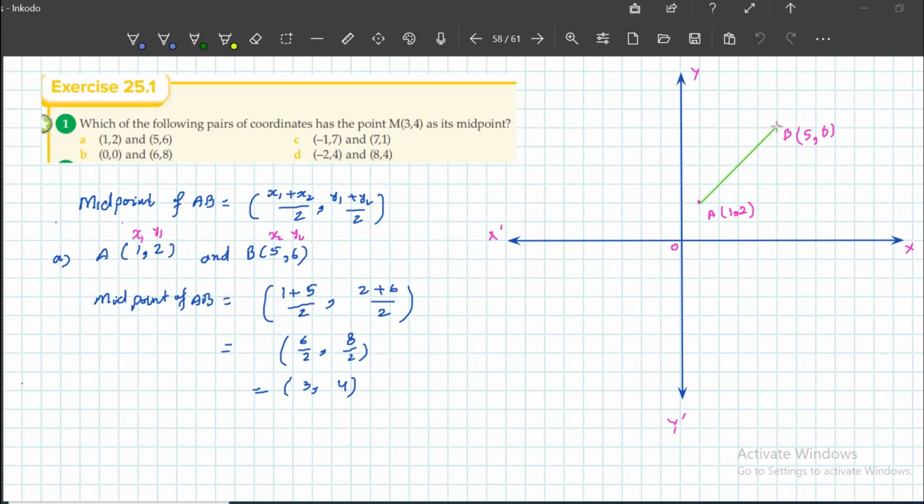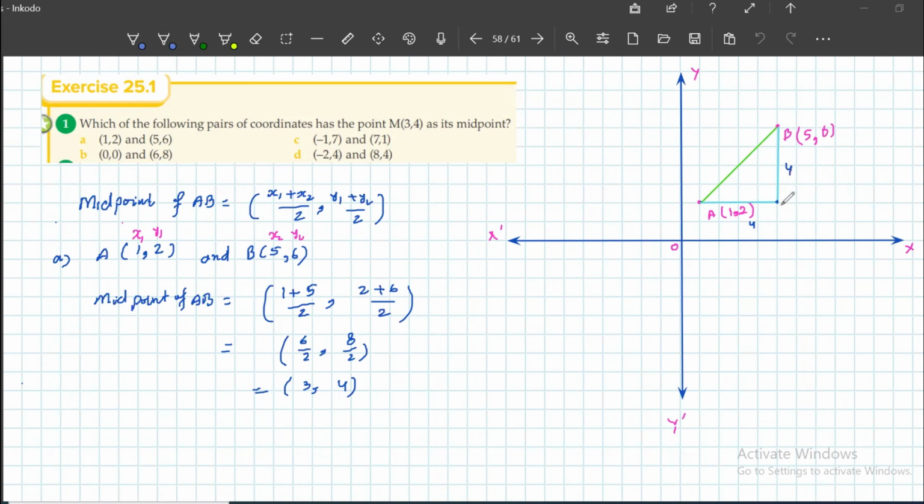And see, if you check carefully, to find the midpoint we need the horizontal distance as well as the vertical distance. Our horizontal distance is from this point to here, 1 2 3 4, 4 units, and the vertical distance is 1 2 3 4, also 4.